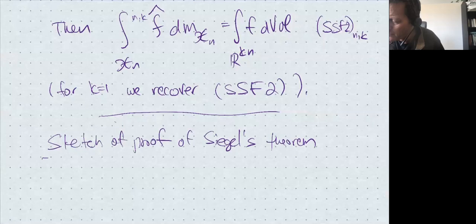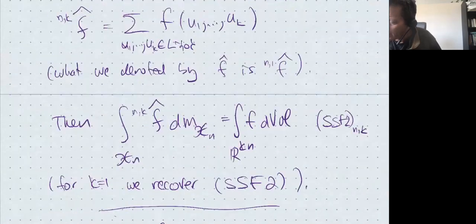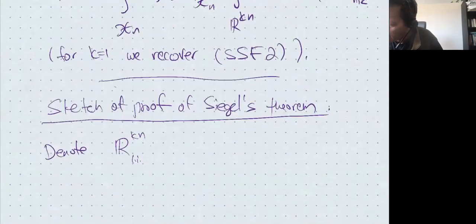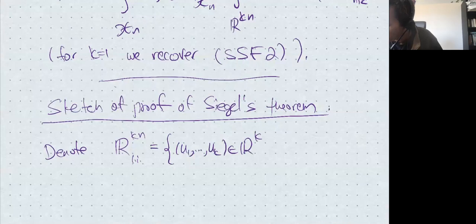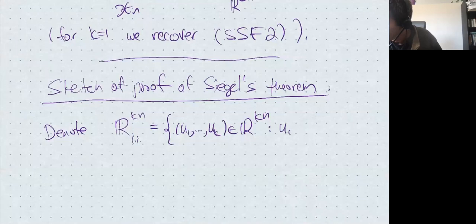Denote by R^kn with subscript LI the linearly independent k-tuples. LI stands for linearly independent. My stylus is not wanting to write for some reason.